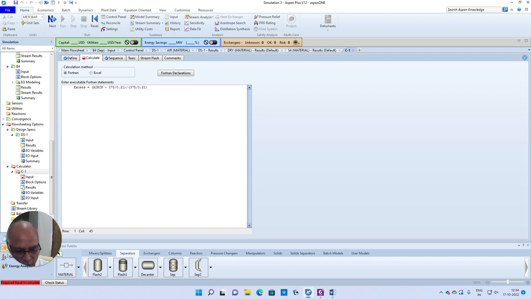Let me put this 100 also, so that we'll be able to get this in terms of percent. So in order to do this, what have we done? We are importing the value of air that is inputted into the simulator and calculating the theoretical air, and using these two values, we are calculating the percent excess air. Now in order to communicate this value, I am going to use a write statement. I may not be spending much time in explaining this, but those of you who are experienced with Fortran should be able to understand this.